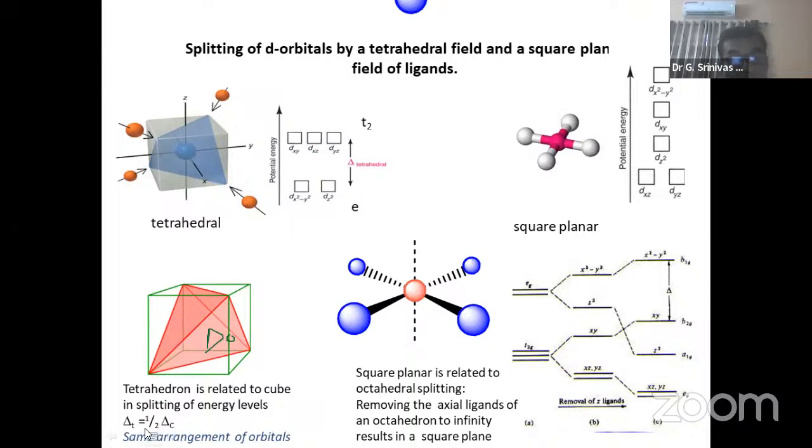So delta T is equal to 1 by 2 delta C. That is the square planar. Square planar is related to octahedral splitting. Removing the axial ligands of the octahedron to infinity results in a square planar. So this is the square planar, removal of Z ligands.